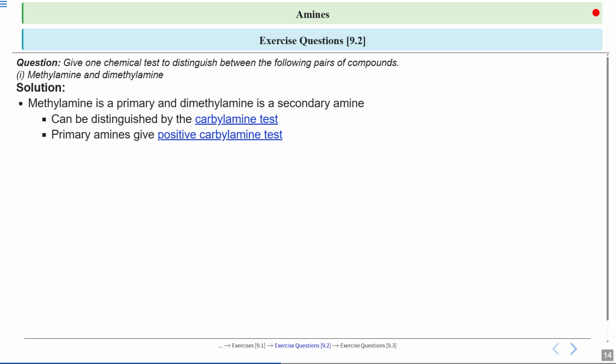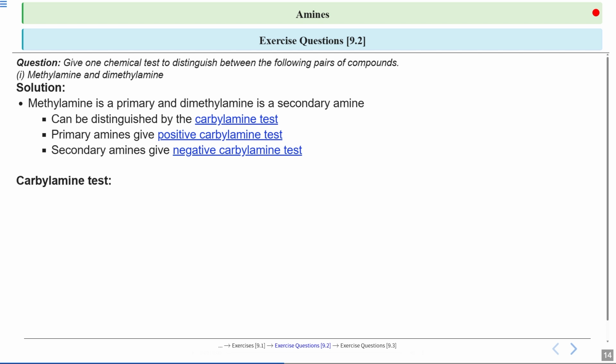You can easily detect the presence of a primary amine by the smell. Primary amines produce a foul smelling isocyanide, so they give a positive carbylamine test, whereas secondary amines produce no such smell in the carbylamine test. That is why they give a negative carbylamine test.